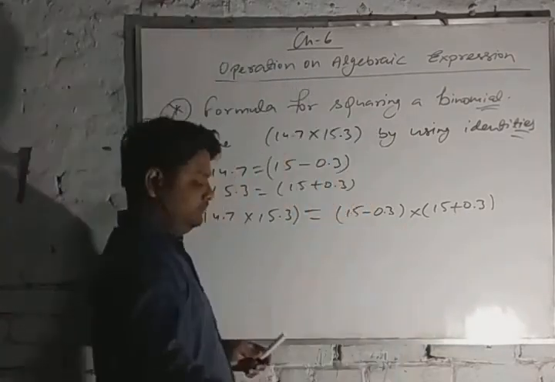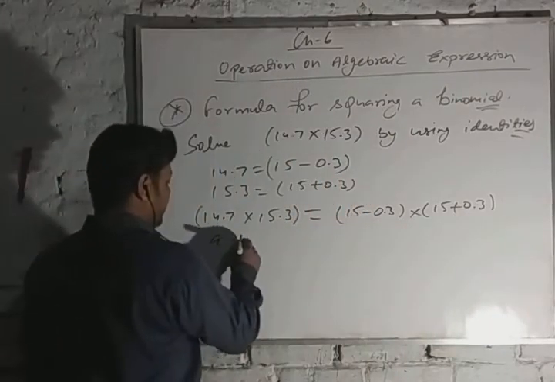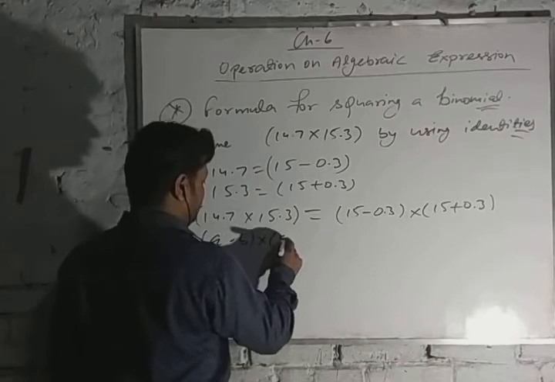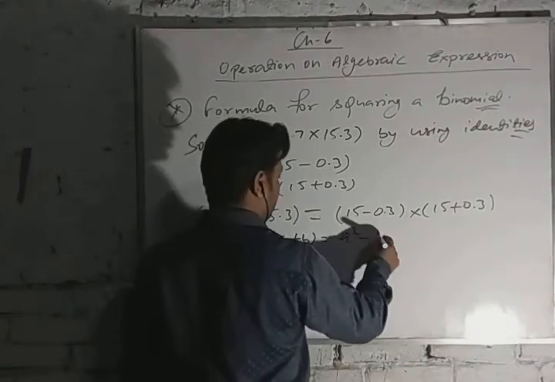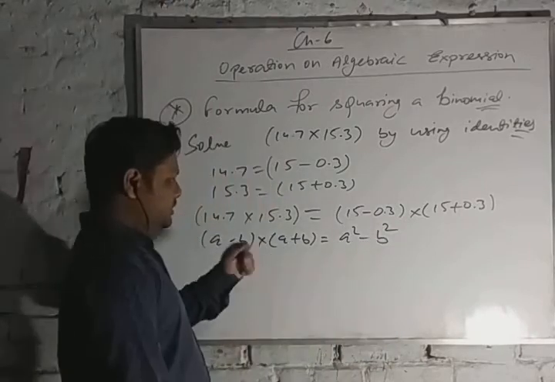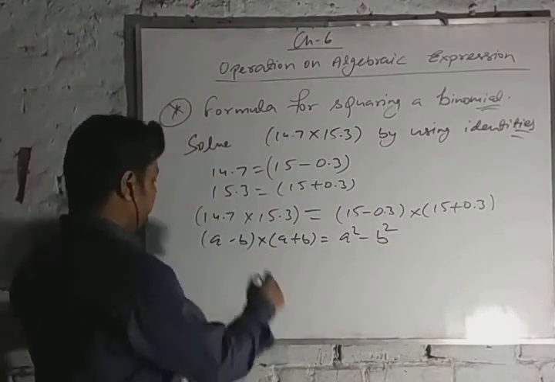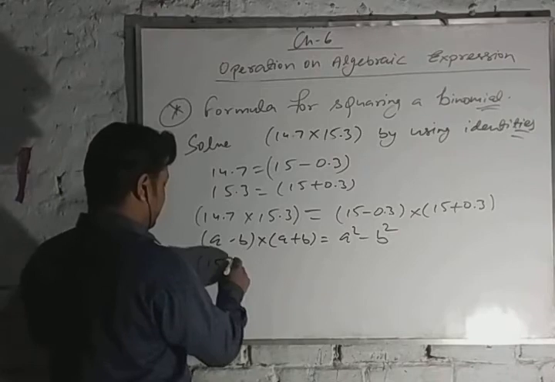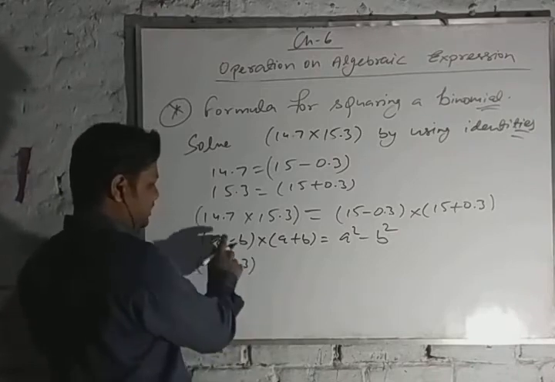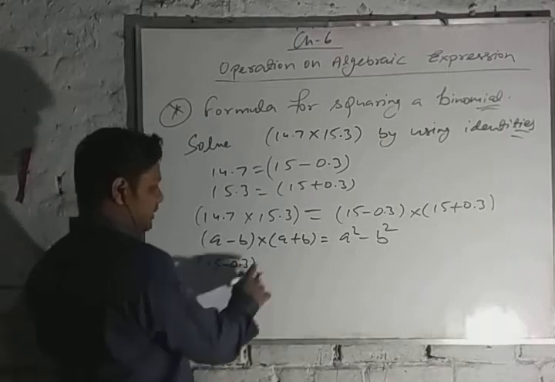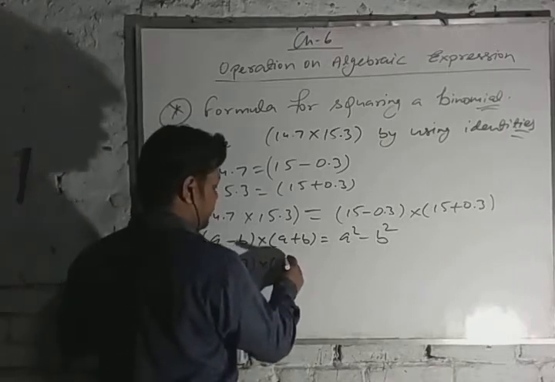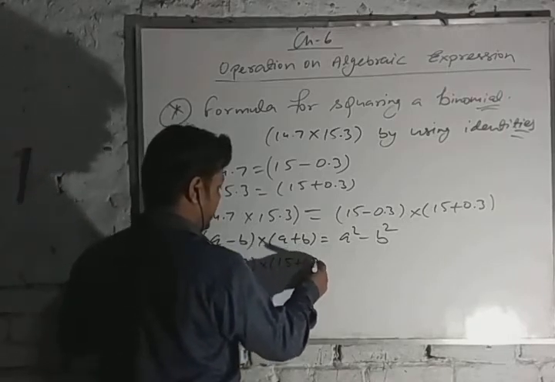A minus B into A plus B is equal to A square minus B square. This is the formula. Now 15 minus 0.3, it is necessary that the minus sign should be written down, into 15 plus 0.3.